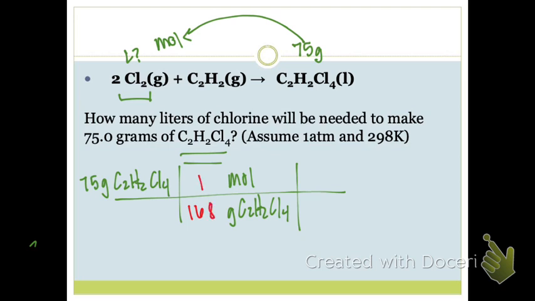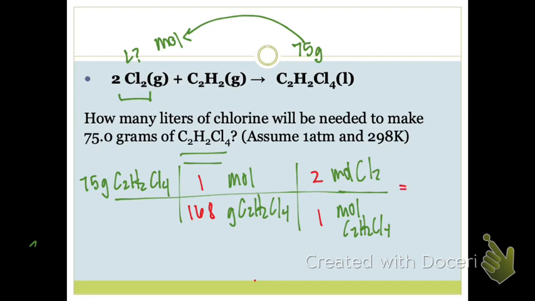168 to moles. Then I'm going to keep going, and I'm going to get rid of moles of C2H2Cl4 and go to moles of just Cl2. And that's where I stop, right? I want to stop right there because I just want to find out how many moles of chlorine, what's my quantity of chlorine that I can have? So this is going to be 1 to 2.